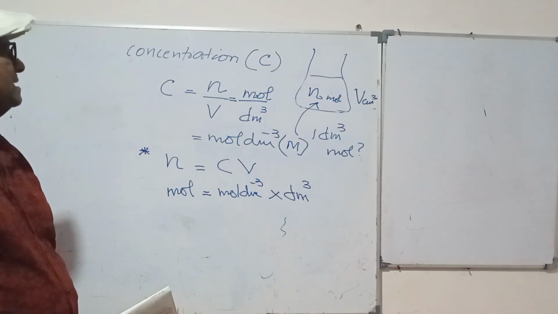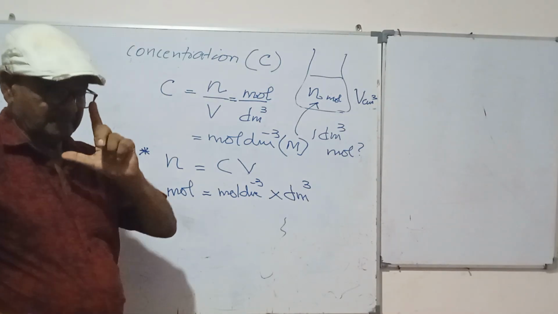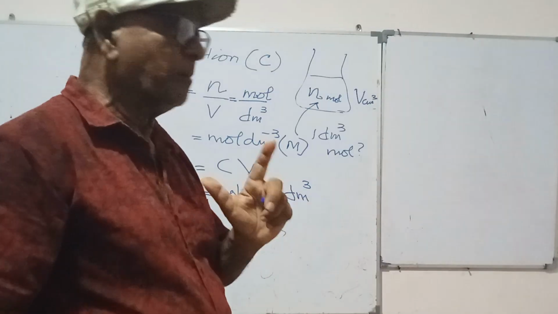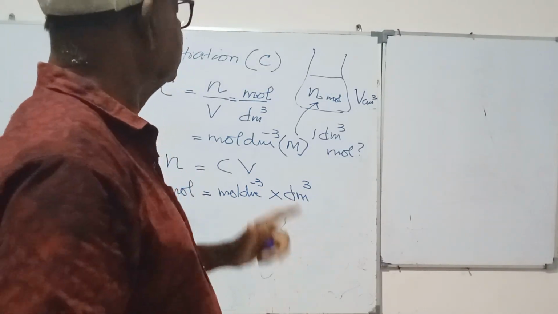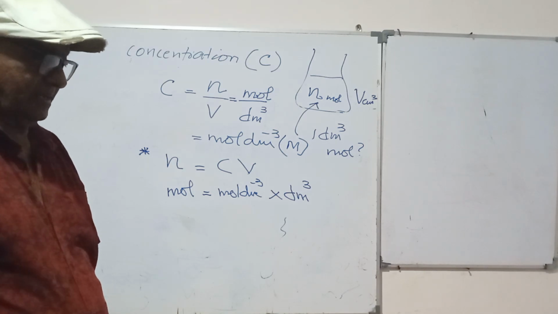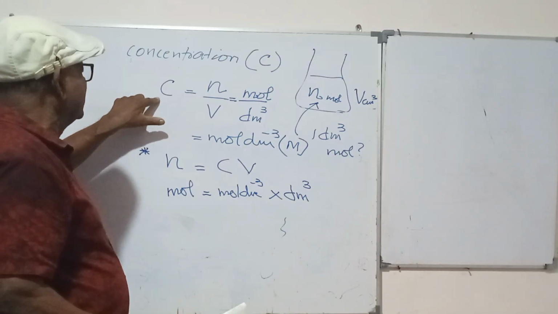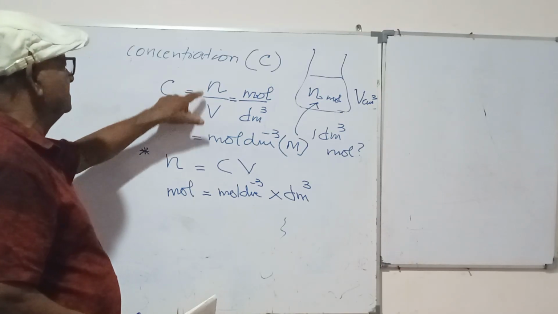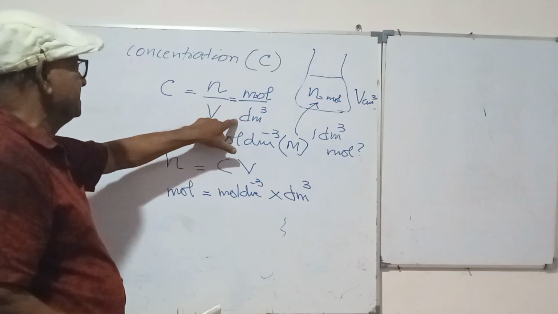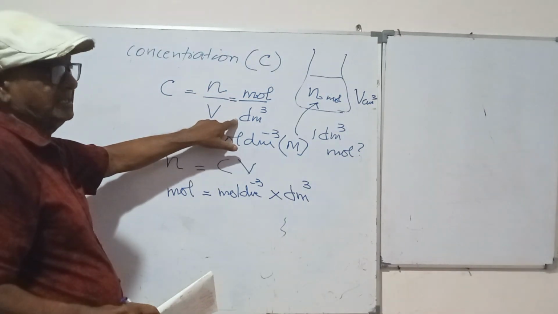Then I'll explain a problem related to these calculations. I think, is it clear how you calculate the concentration? N over V, moles per cubic decimeter. Volume should always be taken in cubic decimeters.